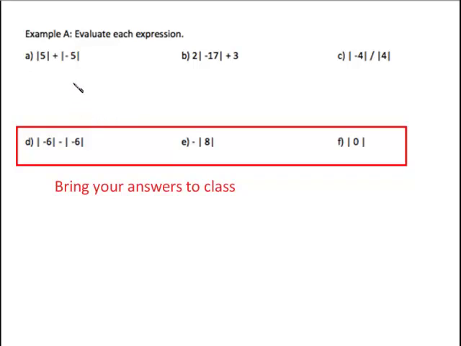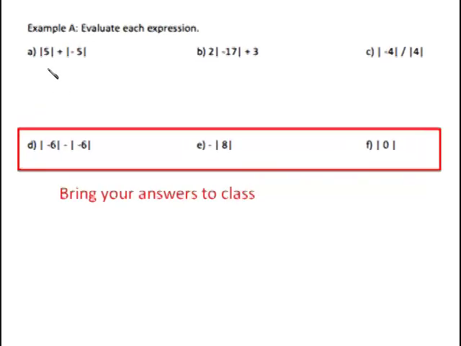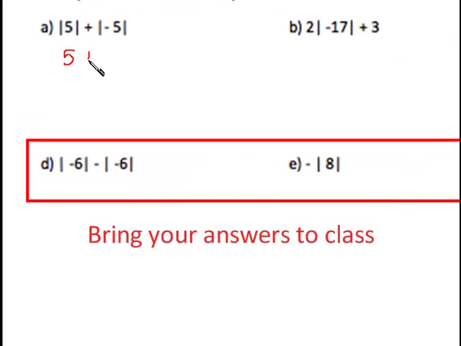So if we try some problems here, the absolute value of 5 plus the absolute value of -5. Well, the absolute value of 5 is 5, plus the absolute value of -5 is also 5, and 5 plus 5 is 10. Next, 2 times the absolute value of -17, plus 3.